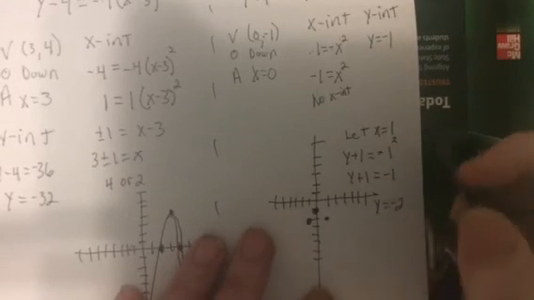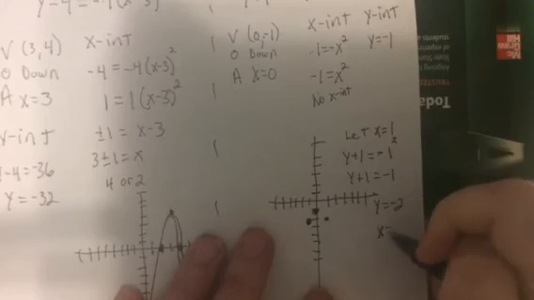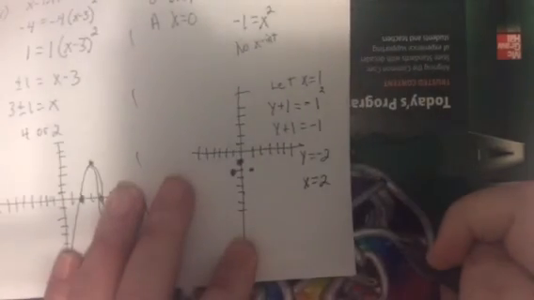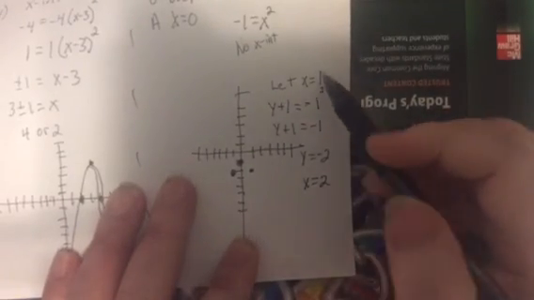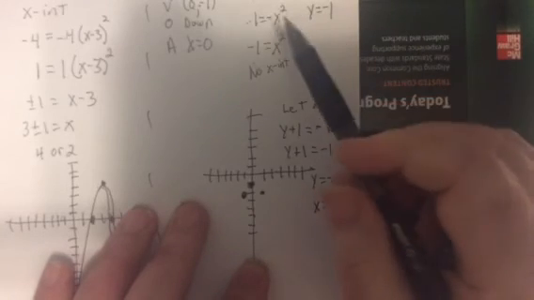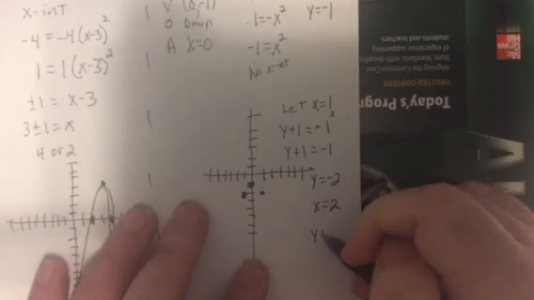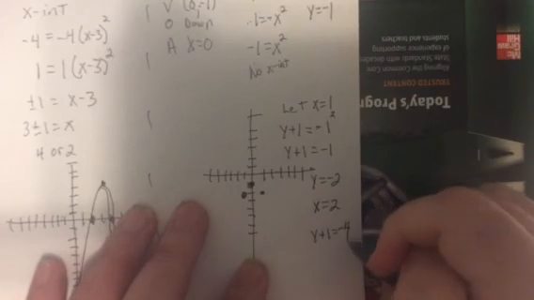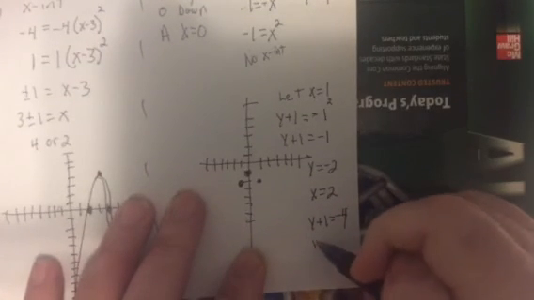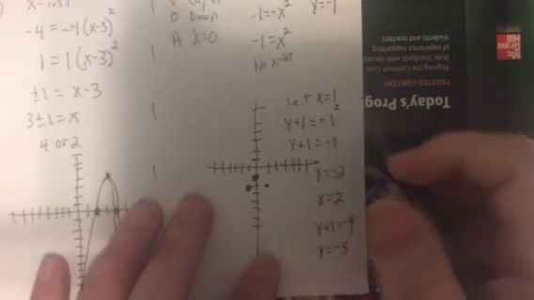Let's see what happens at 2. So put in 2 squared is 4. The opposite is negative 4. So y plus 1 equals negative 4. So y equals negative 5.